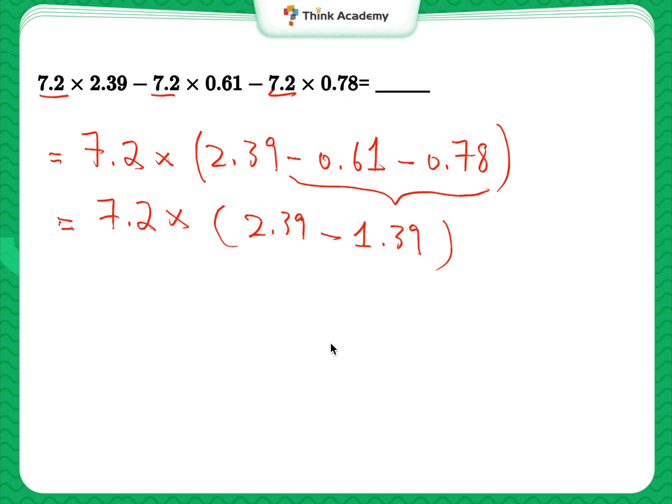So we don't need to do the calculations one by one. We will just need to calculate what's the total that needs to be taken away and then take that away from the original number, 2.39. So obviously that's going to be a 1. So the answer is 7.2 times 1, that is 7.2. All right, so that's how we finish this question.